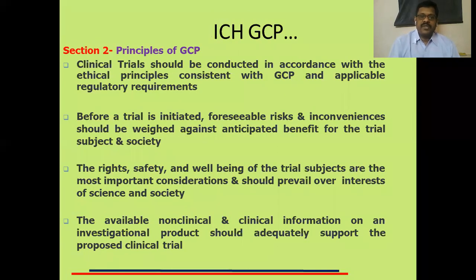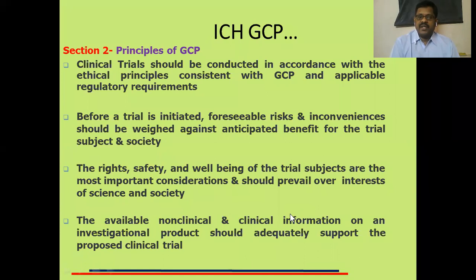Okay, we move to section 2, Principles of GCP. These principles are taken from the Helsinki Declaration. Clinical trials should be conducted in accordance with the ethical principles consistent with GCP and applicable regulatory requirements. That is the first principle.